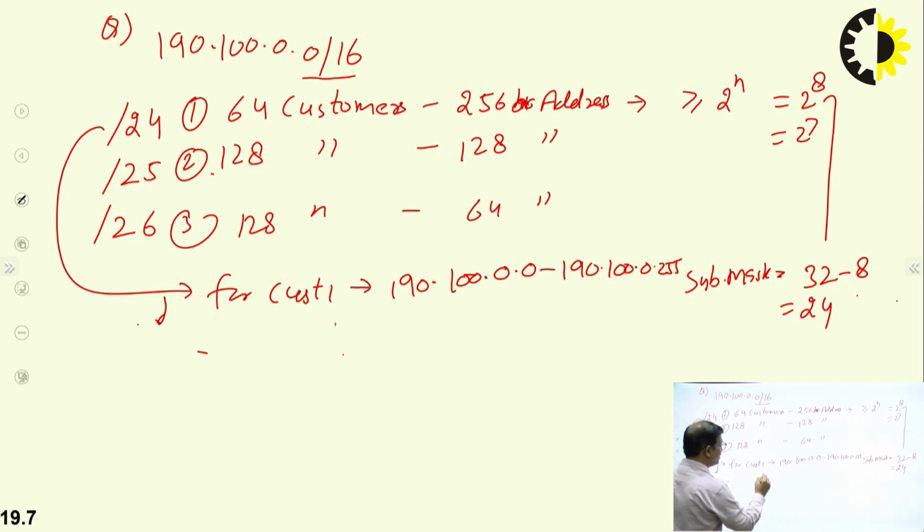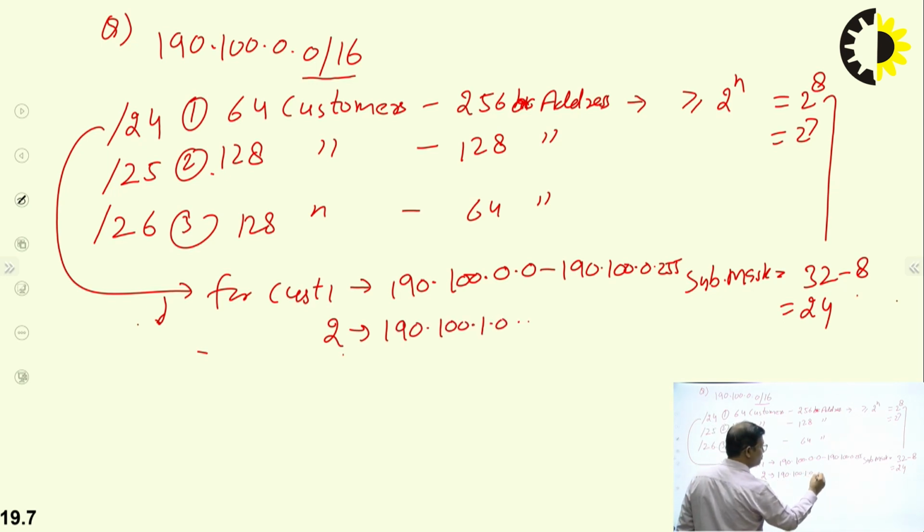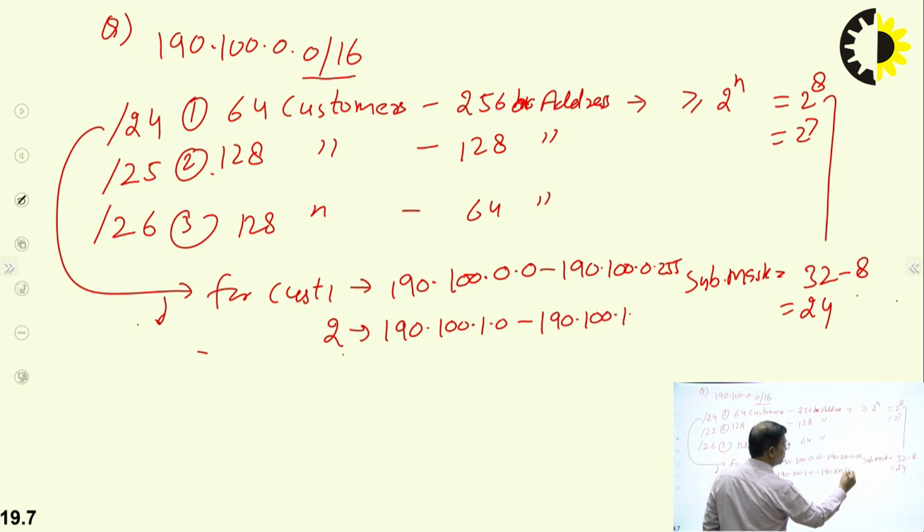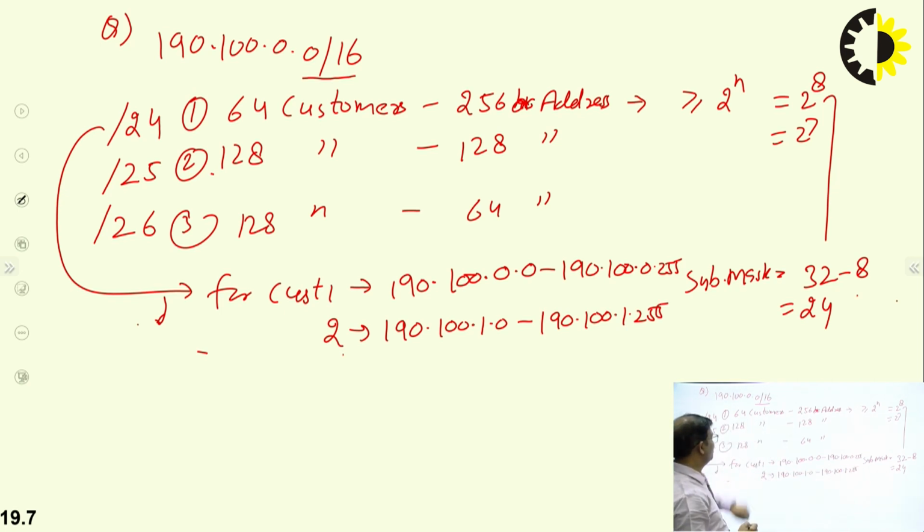In a similar way, for customer 2, the range will be 190.100.1.0 to 190.100.1.255. This is for customer 2, and we have 64 customers.